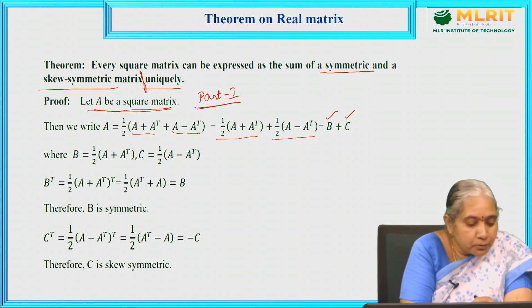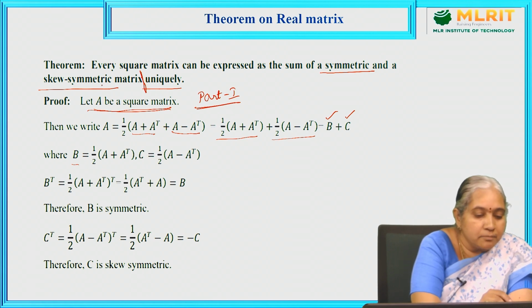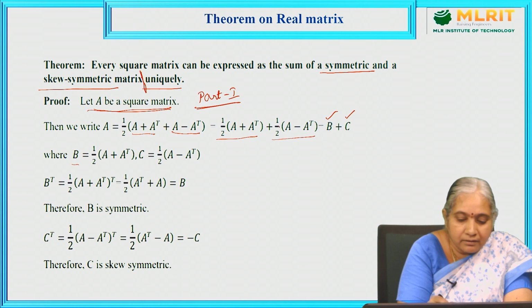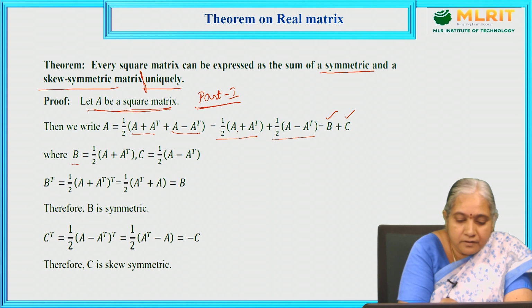Now we prove that B is a symmetric matrix and C is a skew symmetric matrix, and this B plus C, then we say that the square matrix A can be expressed as the sum of symmetric and skew symmetric matrices.